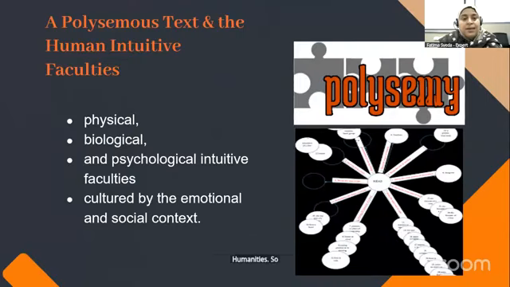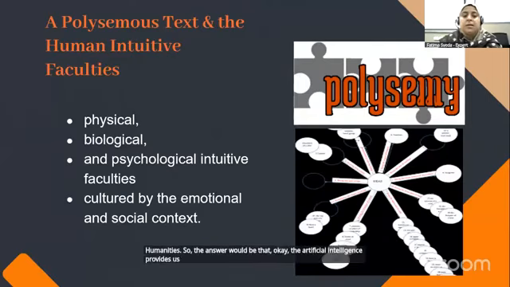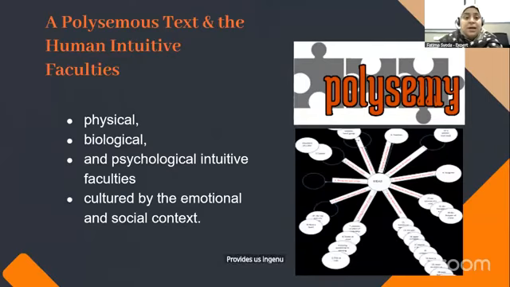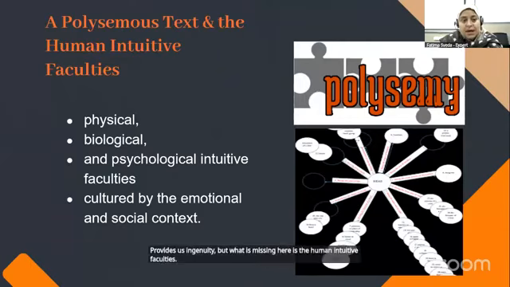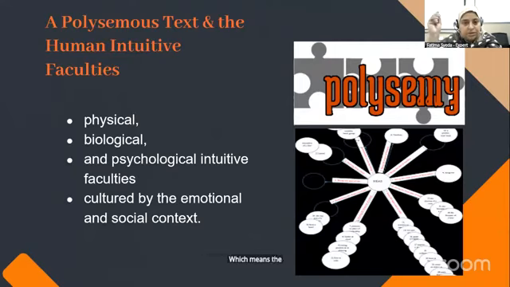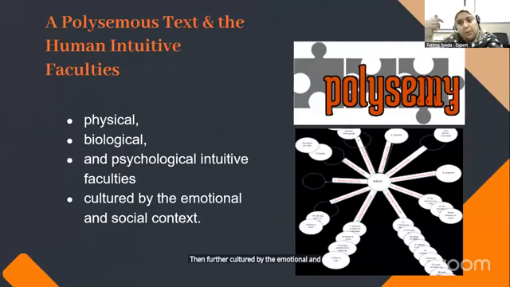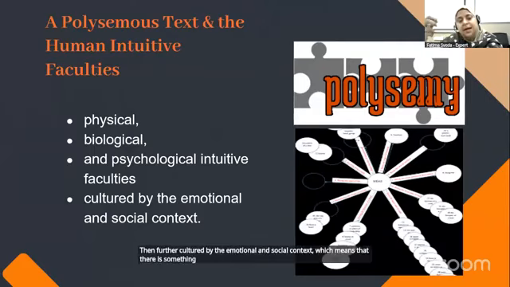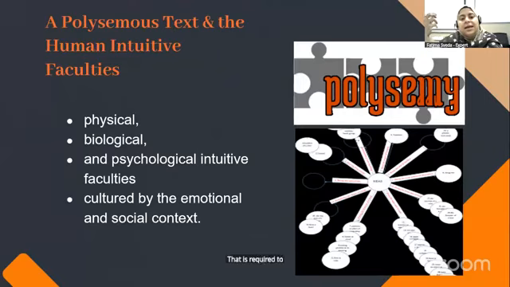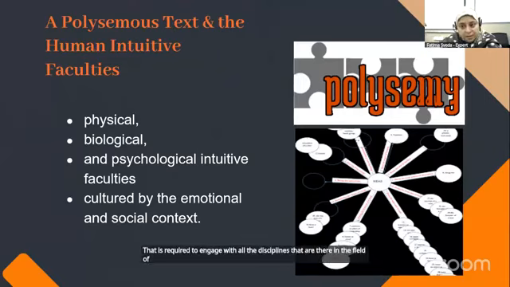The answer would be that artificial intelligence provides us general intelligence and ingenuity, but what is missing here is the human intuitive faculties, which means the physical element, the biological element, the psychological intuitive faculties, which are then further cultured by the emotional and social context. This means there is something human that is required to engage with all the disciplines in the field of humanities, specifically literature.